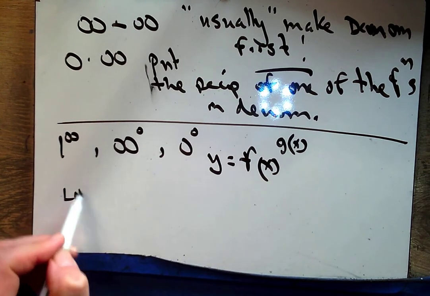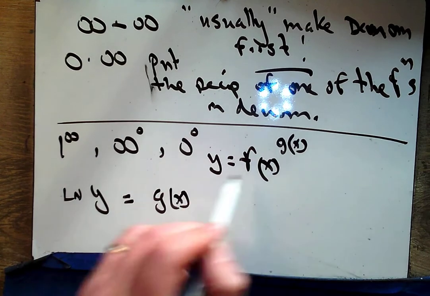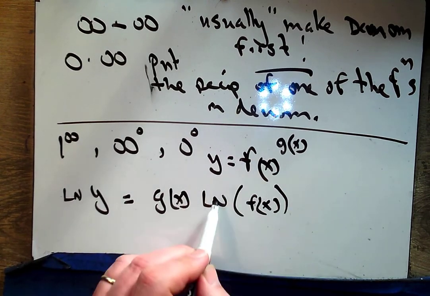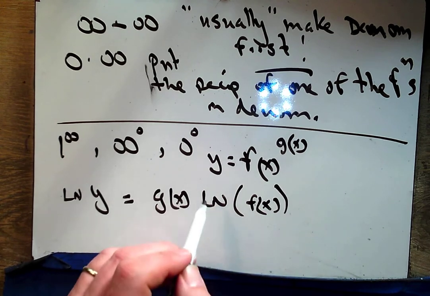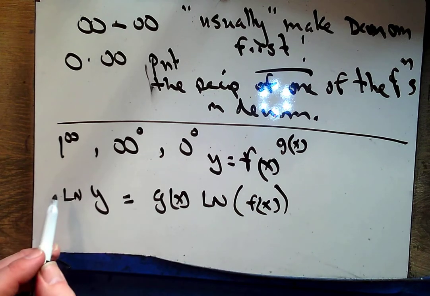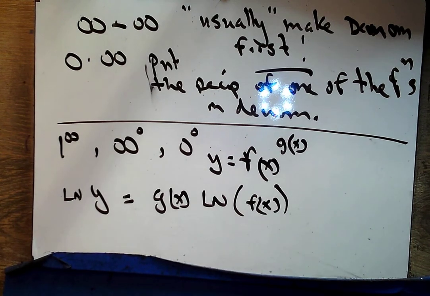That's right, we would take the ln of both sides. We'd bring down that power. Remember, it's not ln times f of x, it's ln has eaten f of x. And so this is what we're going to work with first. We're going to take the ln of both sides first and see where that takes us. Okay?